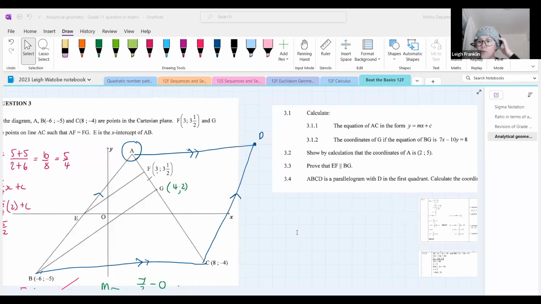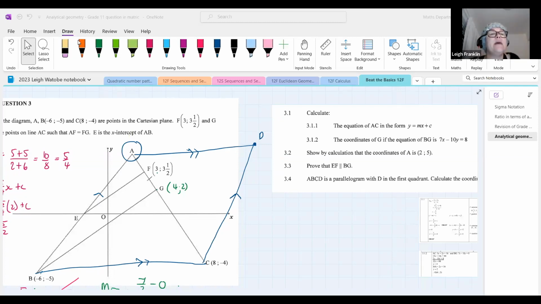Okay, so the first way, so the gradient of AD and the gradient of BC would be the same, and the gradient of AB and DC would be the same, but that wouldn't help you find the coordinates at D. Okay.